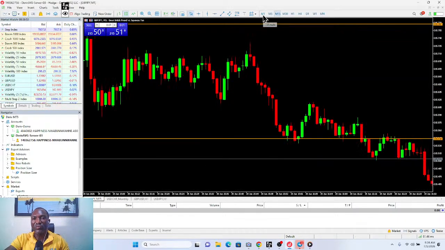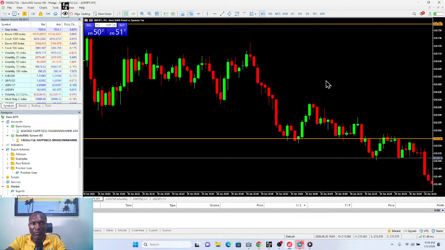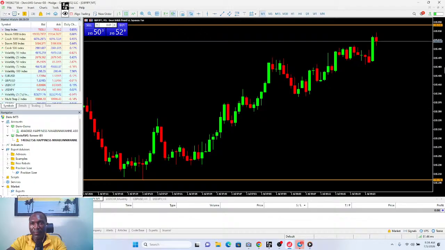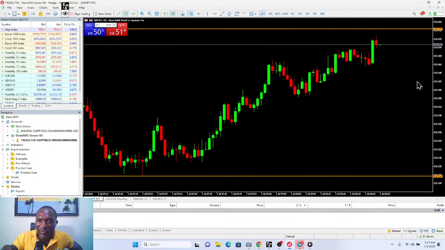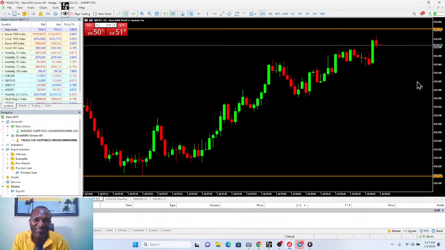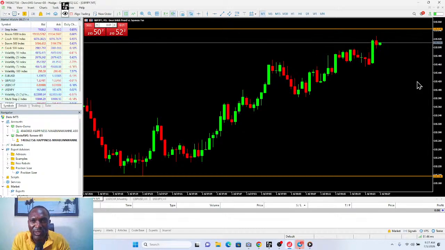Now if I concentrate on 1 minute and calculate the risk at that area, it was very, very close. So we would have even lost more than that. There are two ways in which you can take the trade when the market gets to your key level.